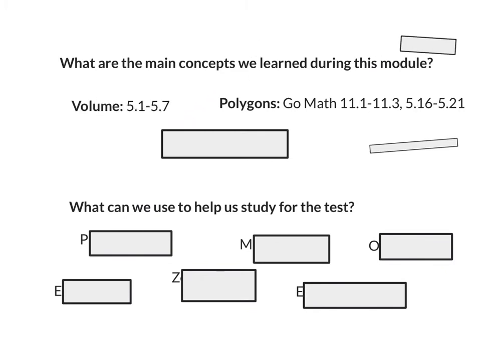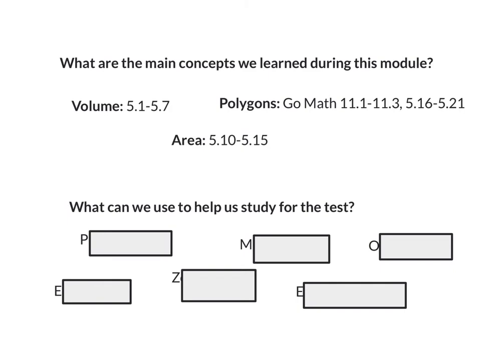Volume. Yeah, that was in the very beginning. That was lessons 5.1 through 5.7. What's another concept that we learned about in this module? Sanjana? Area. Okay, so you can see that was in lessons 5.10 through 5.15. So it's important for you to know which lessons were what. So if you need to refresh one idea, you can go look at those lessons.